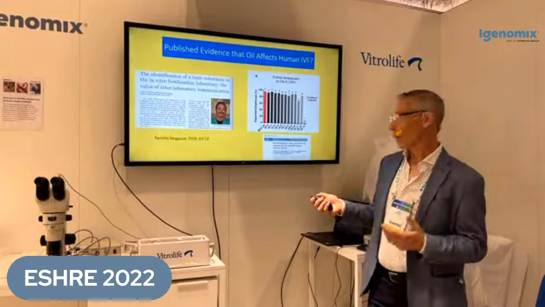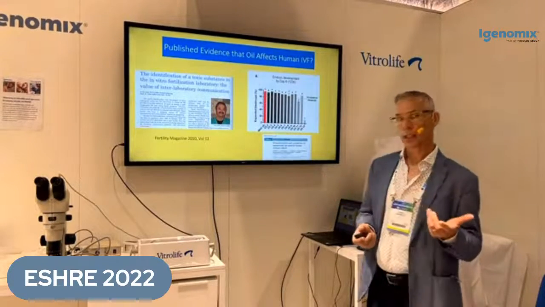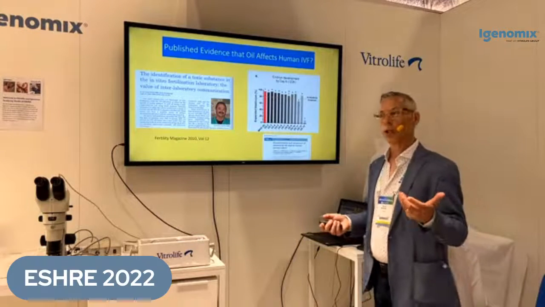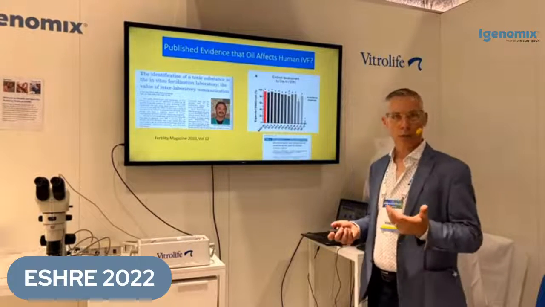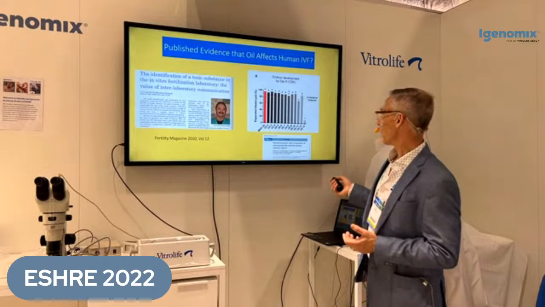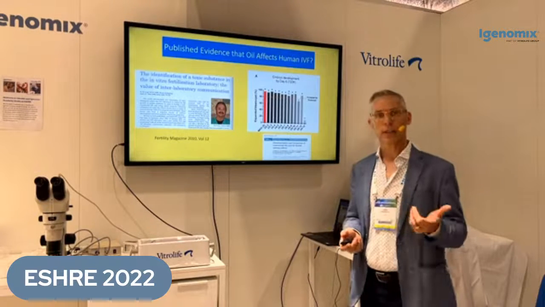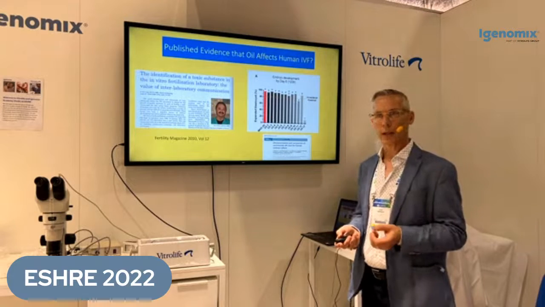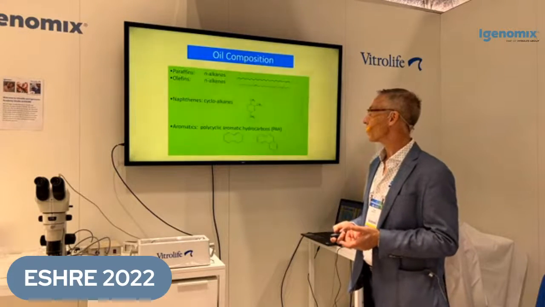I'll be coming back to this. The red column is actually Sigma mineral oil, which is not designed for use for human IVF. It's for control, but there was a lot here and not a lot here, so it suggests that there could still be some toxicity out there, so it's important to pay attention to it.